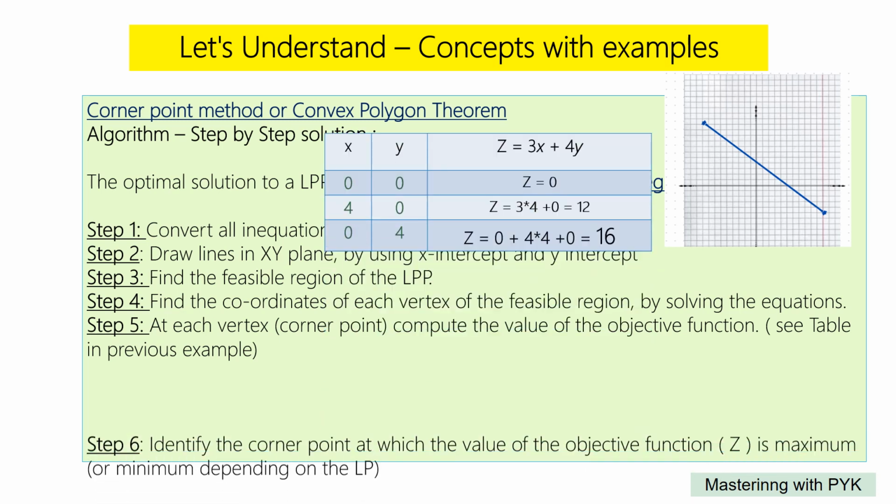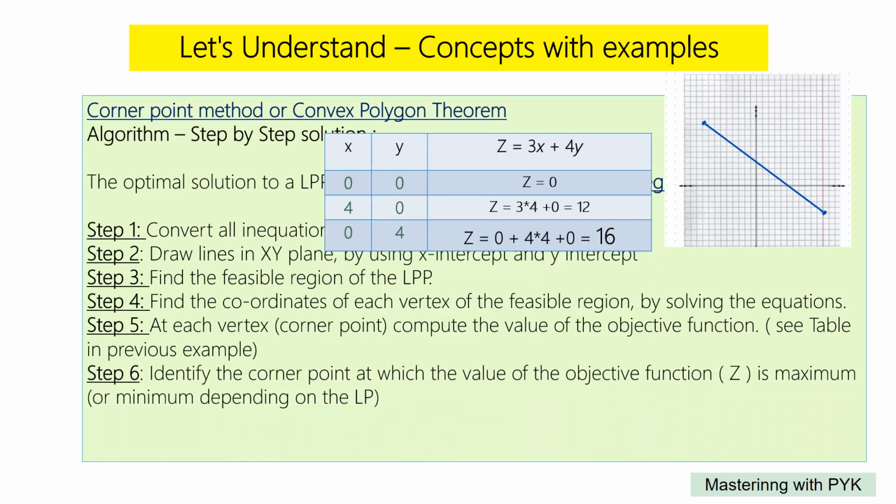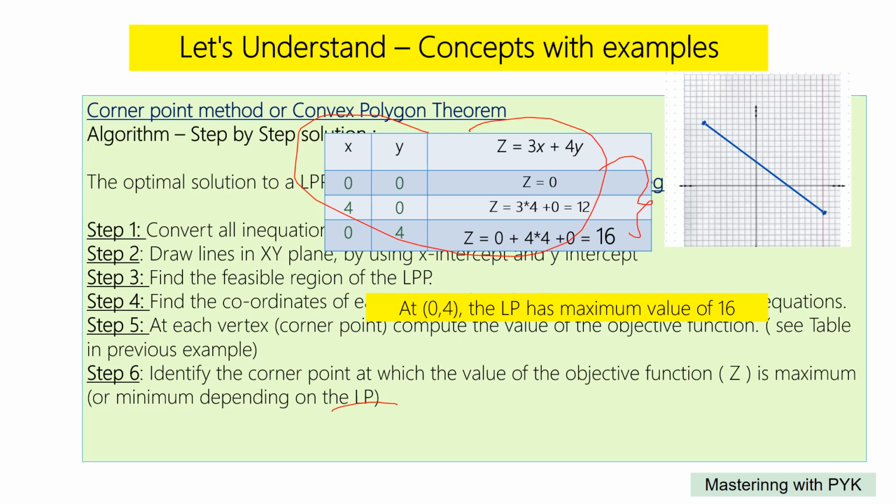So this is how we did. Then we'll identify the corner points where the z is maximum or minimum depending on the linear programming. So based on this table, right, we will be computing the minimum or maximum and we will be defining that as an optimum solution at the defined coordinates.